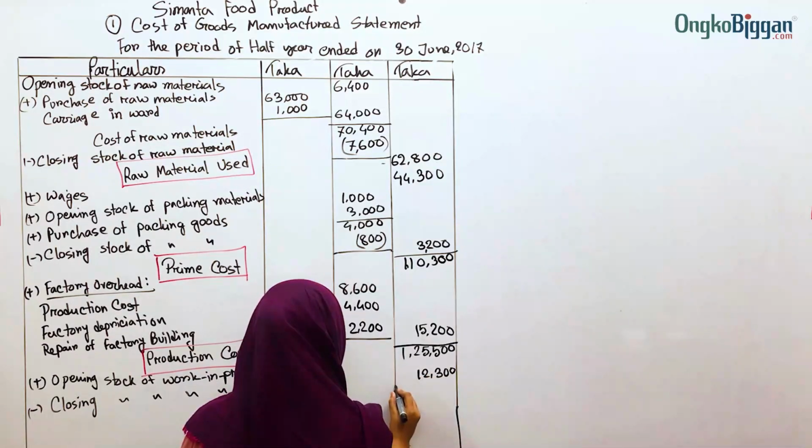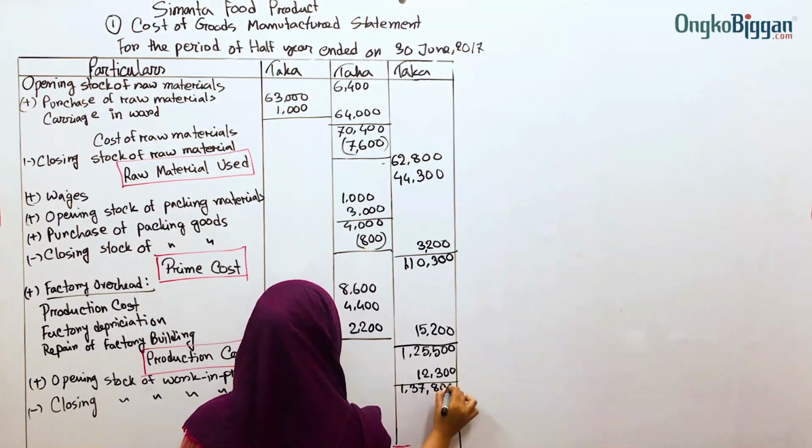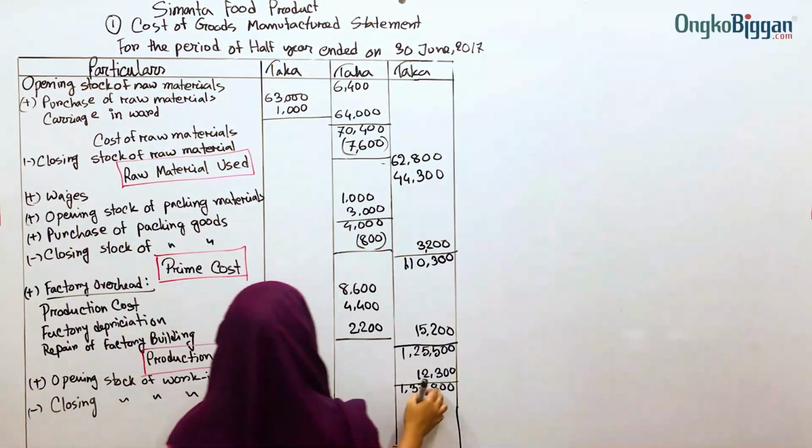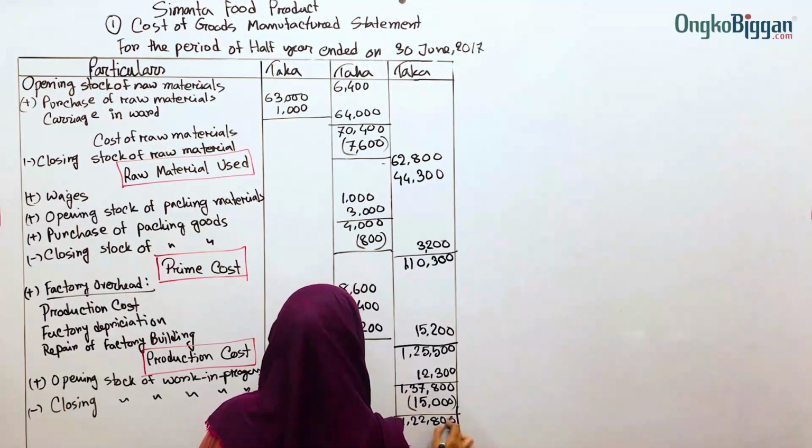Okay. We will add it. Then we got 1,37,800. So with that we have to subtract 15,000 as well, as in the closing one. So after subtracting we got 1,22,800.